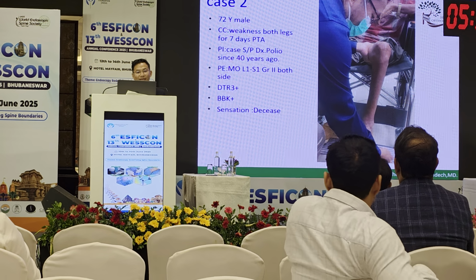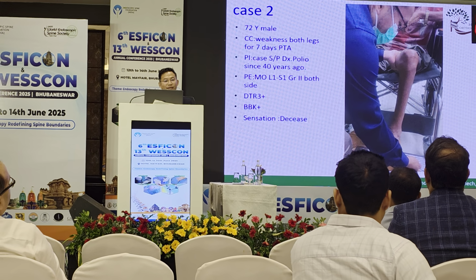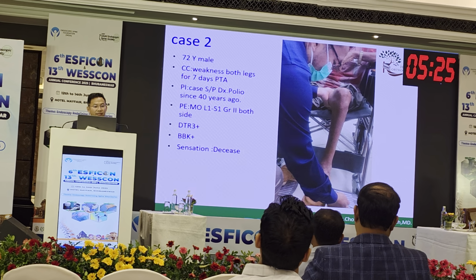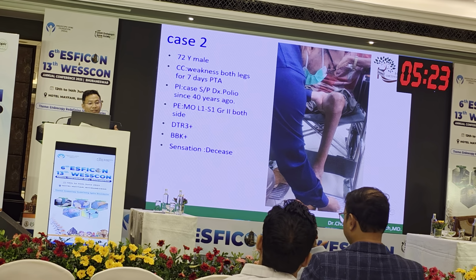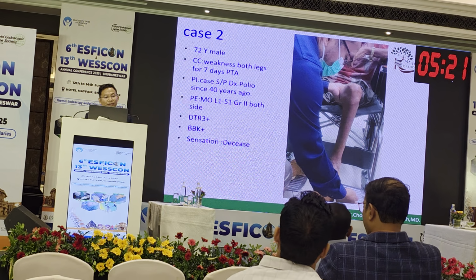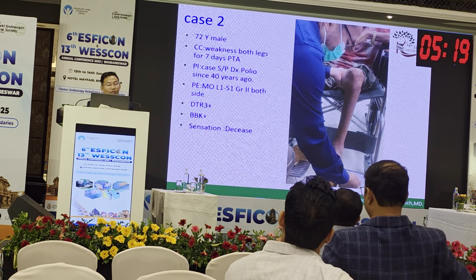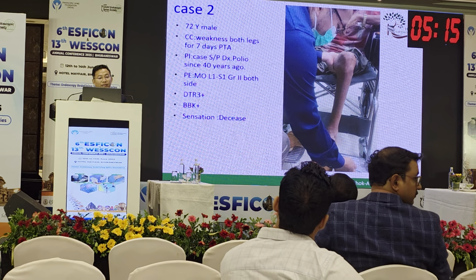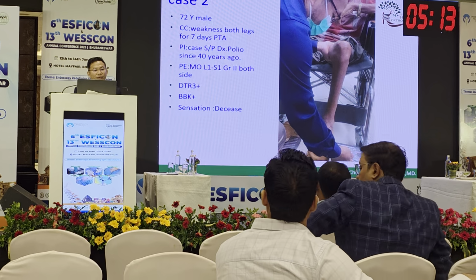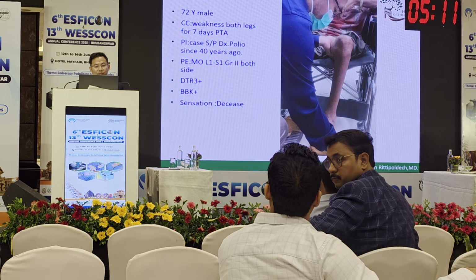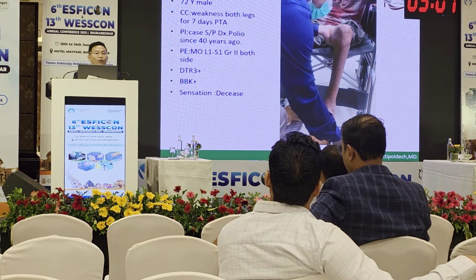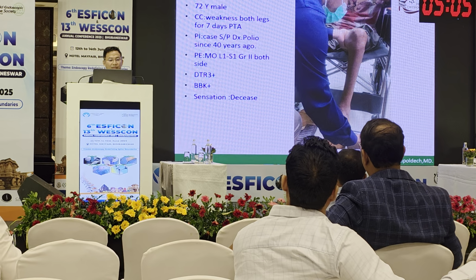Another case, a 72-year-old male. He had a status post-diagnosis of poliomyelitis around 40 years ago, and he came with sudden weakness, only 7 days. Before the weakness, he could walk like a polio walk, right?